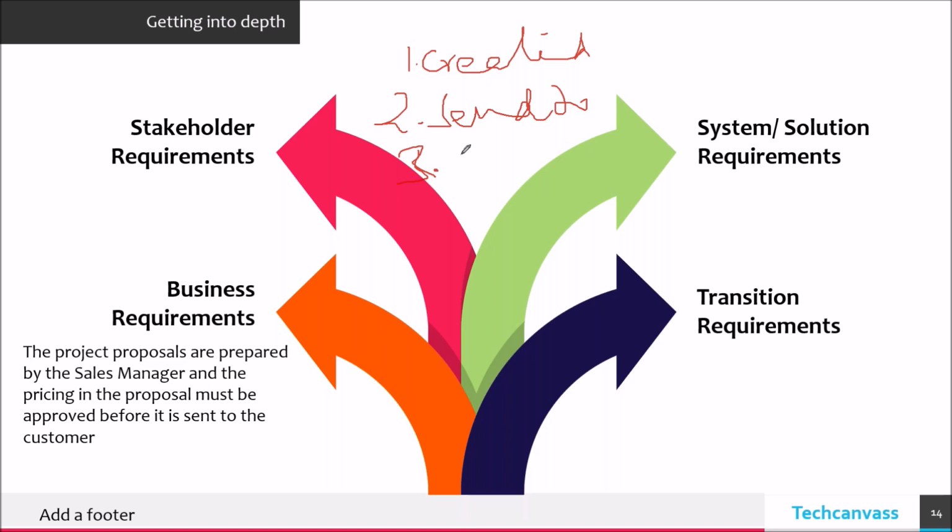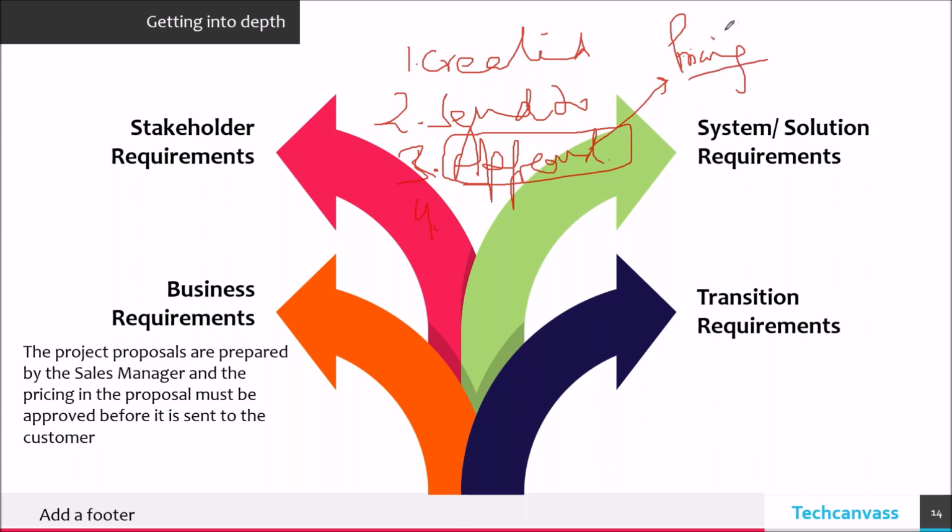Okay. So that's the approval part. So reviewed and approved. Then correct. So that review and approval is the pricing part. Whosoever is the approver will be doing that approval. What will be the last thing? If it is approved, it goes to the customer. Correct. Send to the customer.